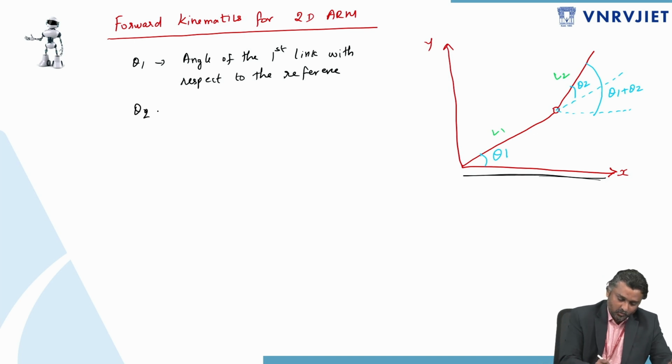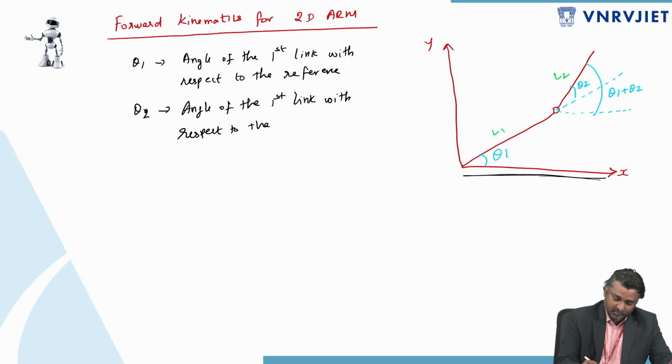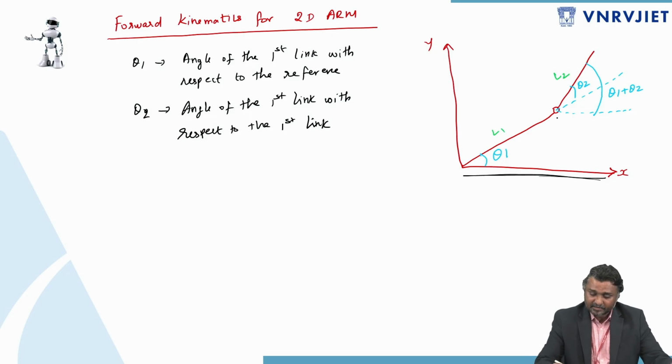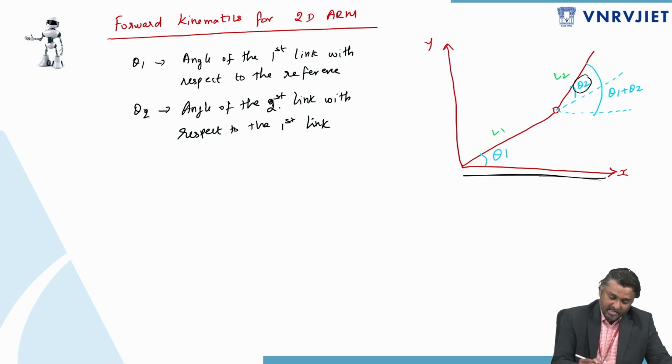And theta 2 is the angle of the second link with respect to the first link, because the motion of link 2 completely depends on link 1.